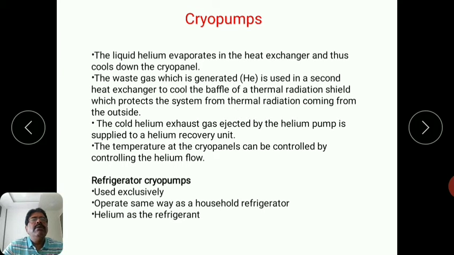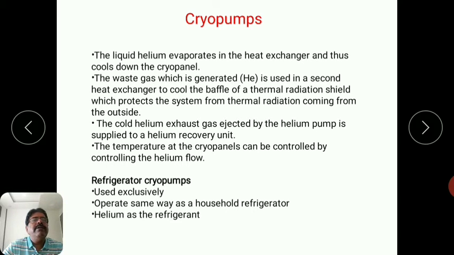The cold helium exhaust gas ejected by the helium pump is supplied to a helium recovery unit. The remaining helium gas can be collected and recycled for further use.